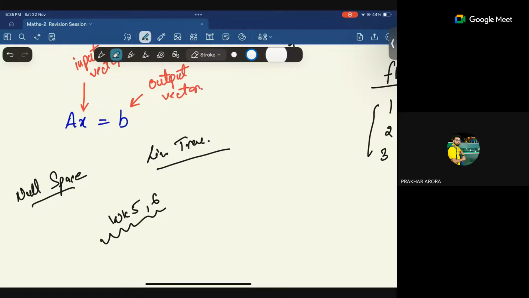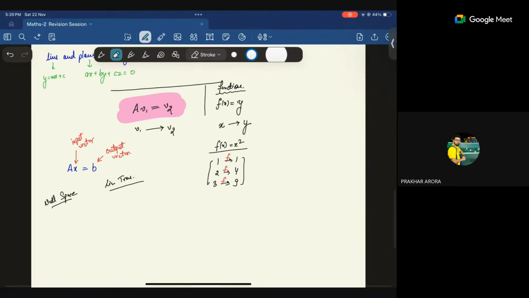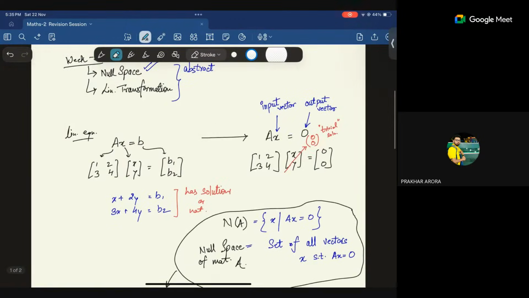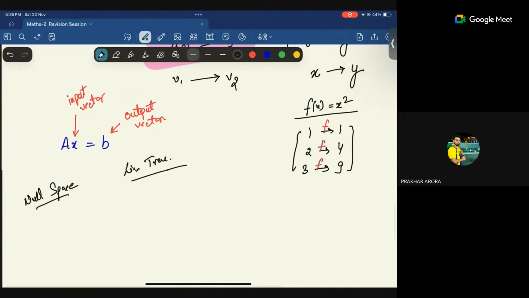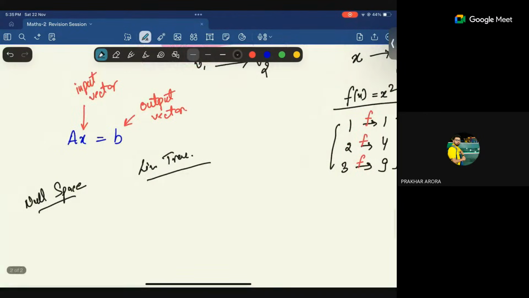We are still in week 5 only. No worries. So what all we have done, this is the input vector.